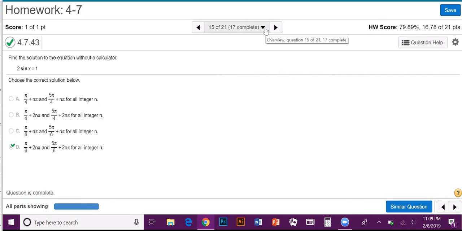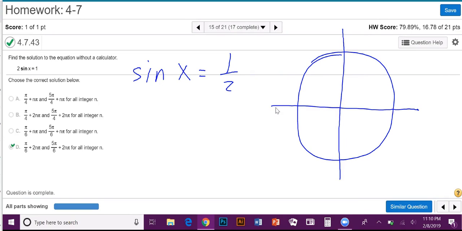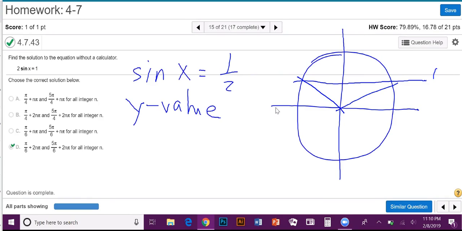Okay, so you can divide by 2, and then you would get sine x equals 1/2, right? Now, if you think about a unit circle, this is a y value that we're dealing with, and that y value is 1/2. Well, that's going to happen at 2 locations.